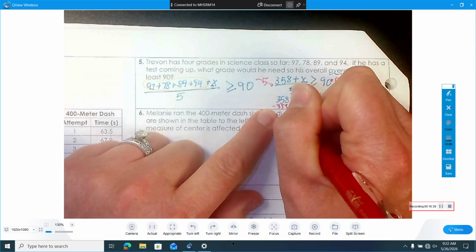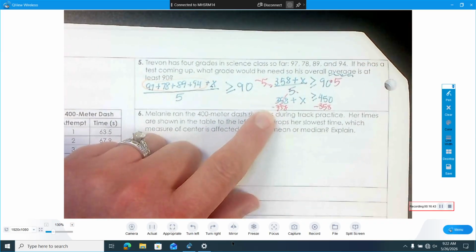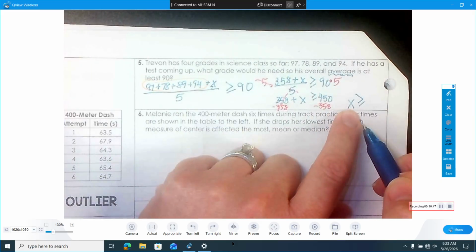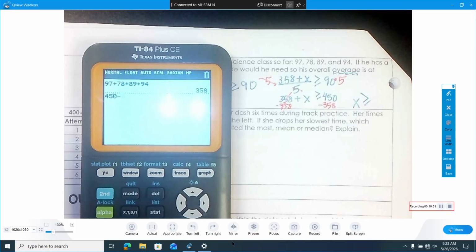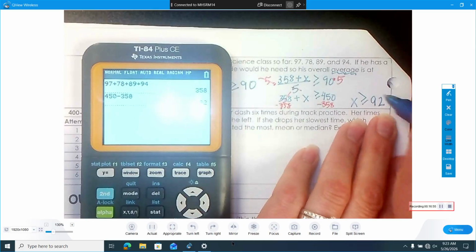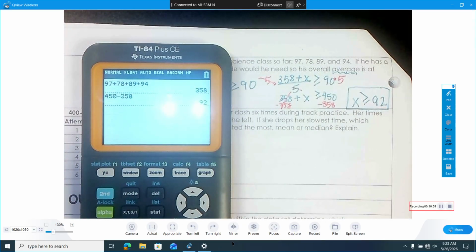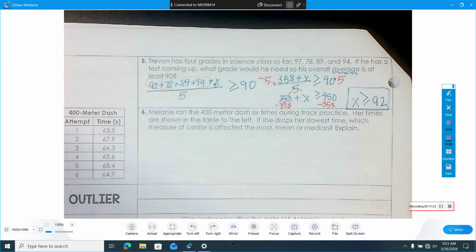Subtract 358. So then x is all by itself, and that is our test score, must be greater than or equal to 450 minus 358, which is 92. So he needs a 92 or better to have an average of at least 90.